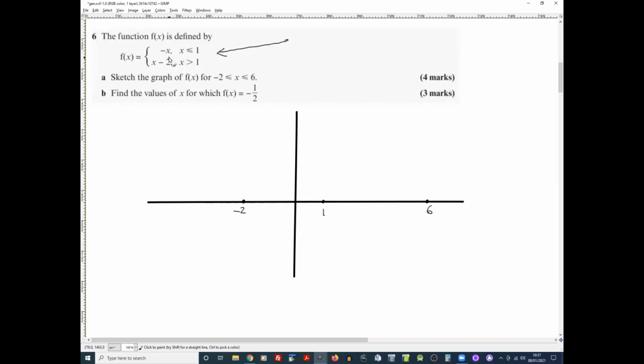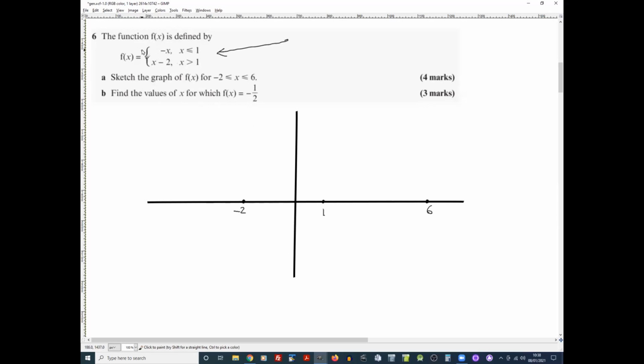Anyway, maybe this isn't on your syllabus, but you can see all it's doing is giving you a non-graphic version of the graph. It's saying for x values less than 1, and because they've said we've got to be greater than -2, it'll be for this section of the x-axis. We've just got a straight line with a gradient of -1 going to the origin.